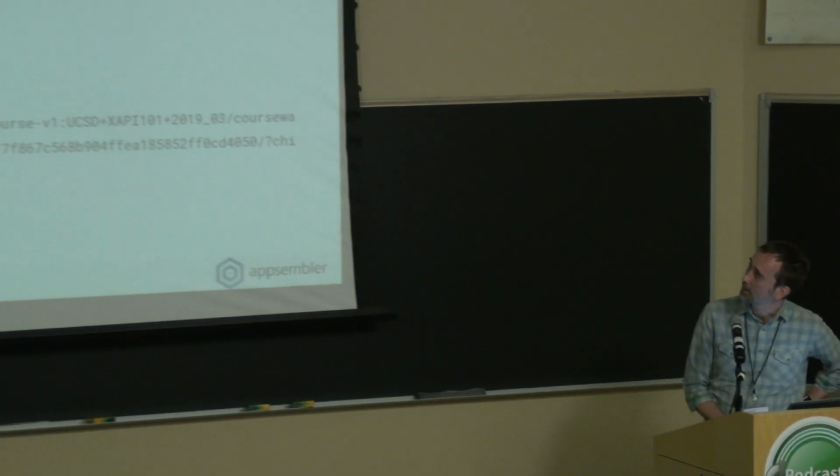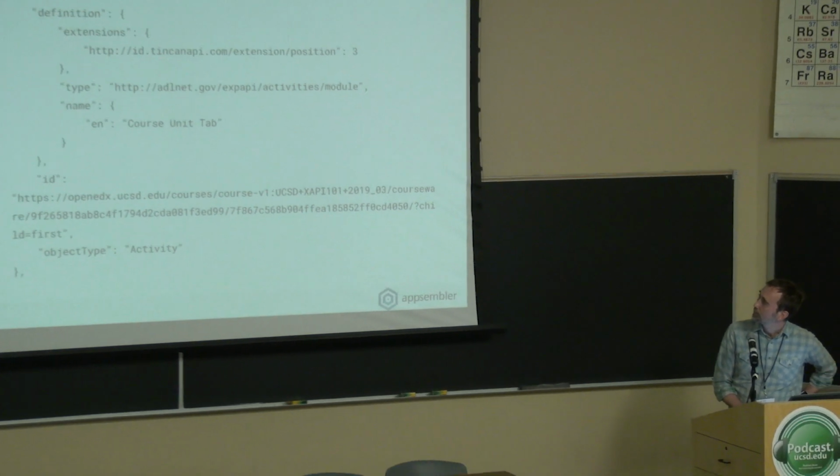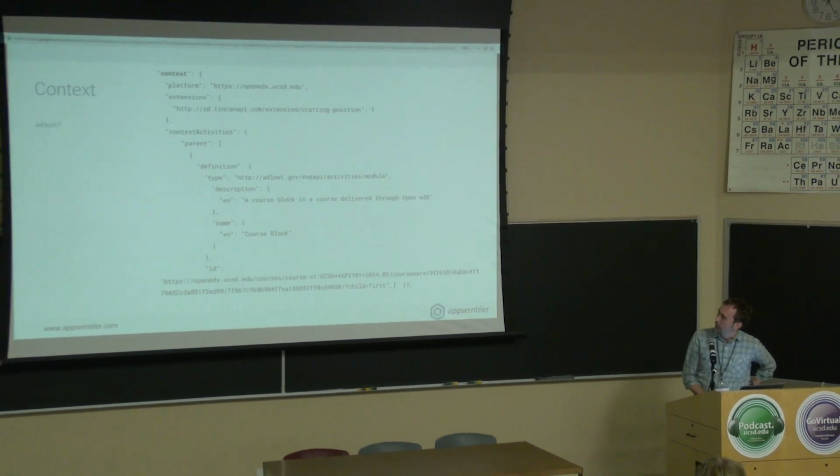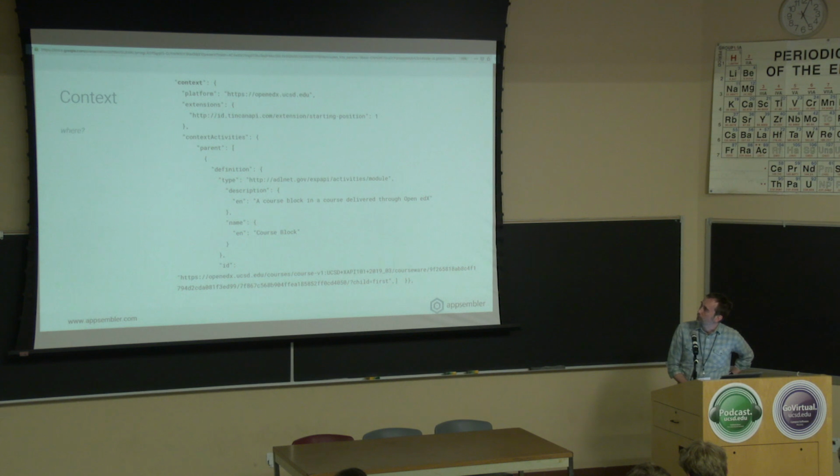So an object might have an ID that looks like that from an OpenEdX site. These are the JSON format parts of a statement. Context from OpenEdX can be a problem that's within a section that has a URL, and a course that has a URL, and a platform that has a URL.